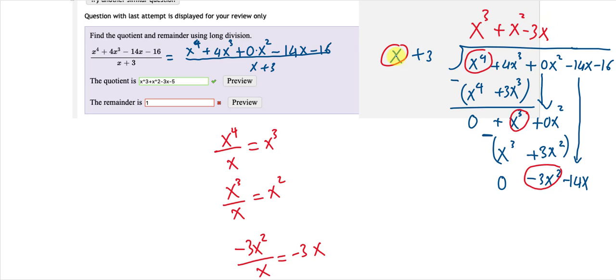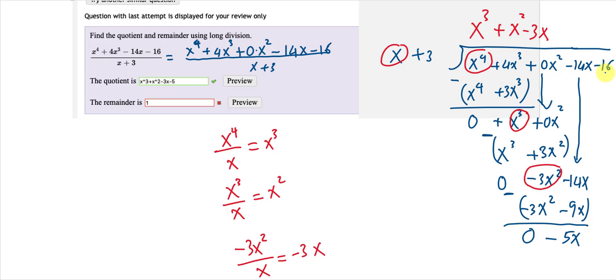Minus 3x multiplied by x gives me minus 3x squared, minus 3x multiplied by 3 gives me minus 9x, and then we do the subtraction. So minus 3x squared, minus of minus becomes plus 3x squared, that gives me 0. Minus 14x, minus of minus becomes plus, so minus 14x plus 9x should be minus 5x.